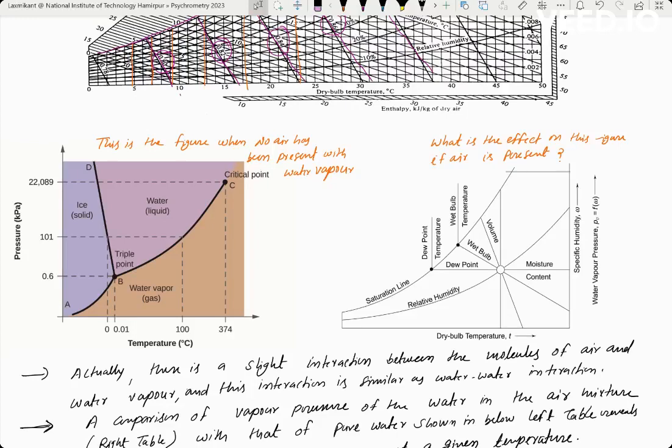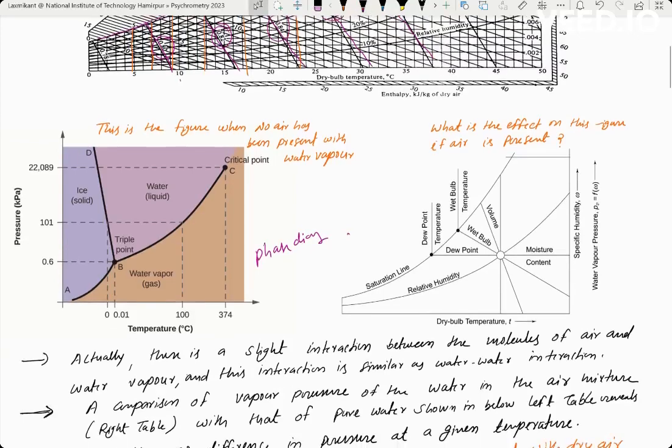To study the behavior of water vapor, we need to focus on the phase diagram, also called the PT diagram. This is the phase diagram you can see in the figure. In the phase diagram there are three types of line. This line is called the fusion line.